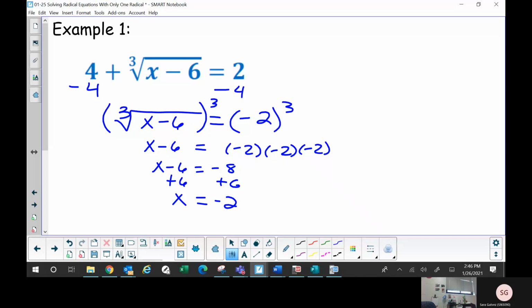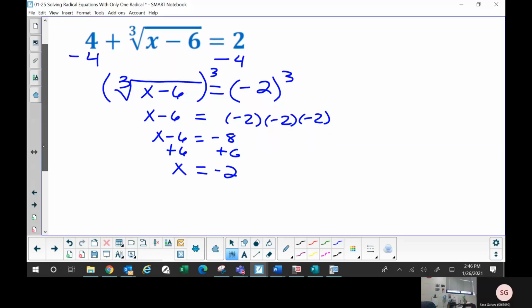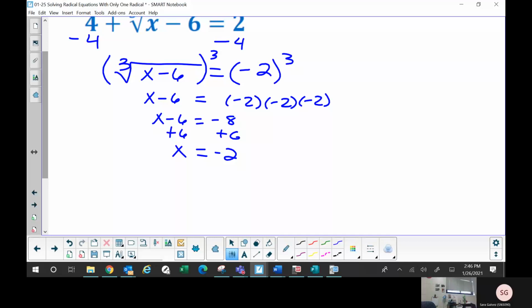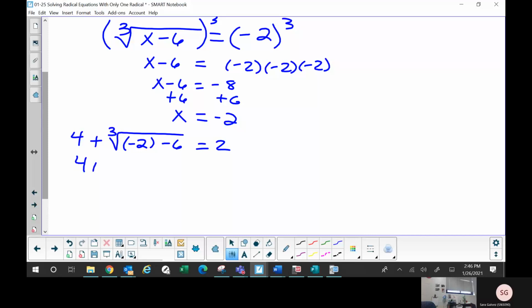Now, it is imperative that you check to see if that solution works. So let's do that. In the original equation, you have 4 plus the cubed root of x minus 6 equals 2. We're going to see if -2 works. So the cubed root of what is -2 minus 6?